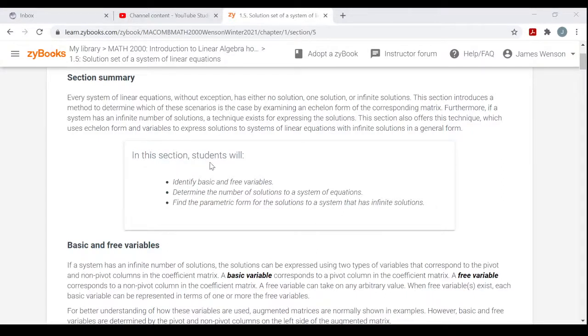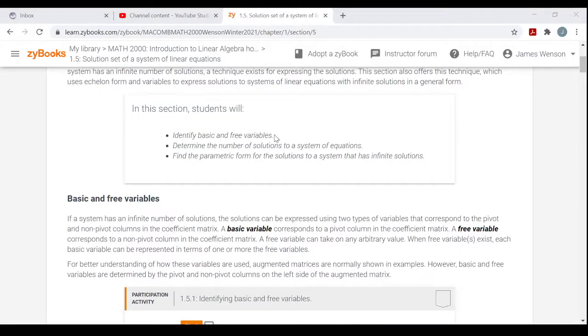Right. So we've got the objectives of the section here. You'll be able to identify basic and free variables. So we'll see some definitions of what it means for variables in a system to be basic and to be free. Then we're going to determine the number of solutions to a system. Does it have no solution, one solution, or infinitely many?